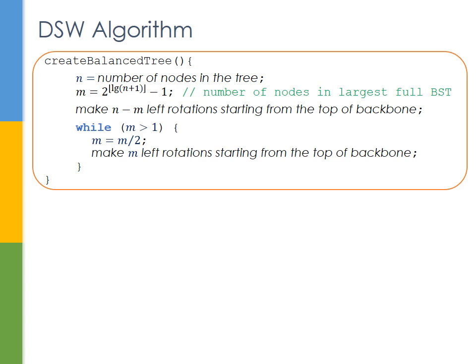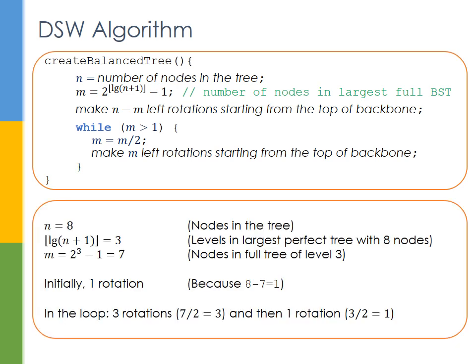So let's now apply this algorithm that computes how many left rotations are required at each step, and let's do this with the tree that we previously discussed in our earlier example. We saw that that tree contained 8 nodes, therefore n has a value of 8. We can then also compute the floor of the log base 2 of n plus 1, which will give us a value of 3, and this is the number of levels in the largest perfect tree that we can construct given 8 nodes.